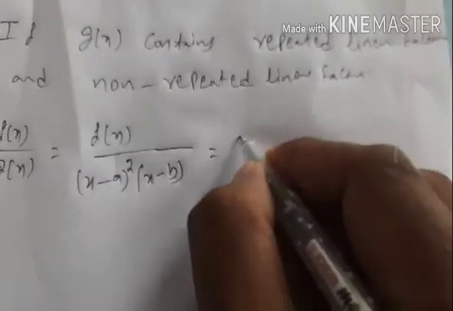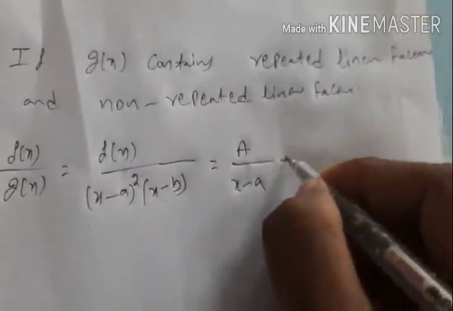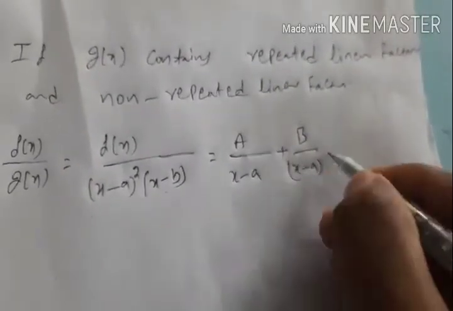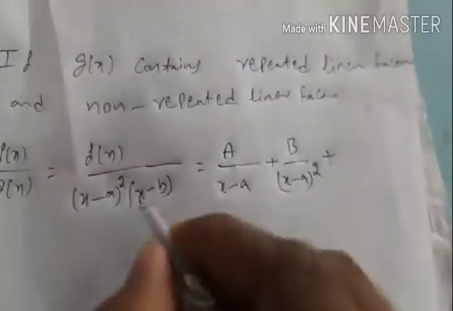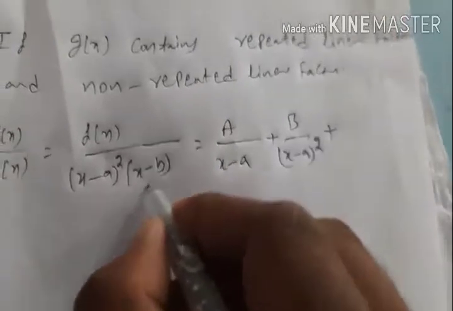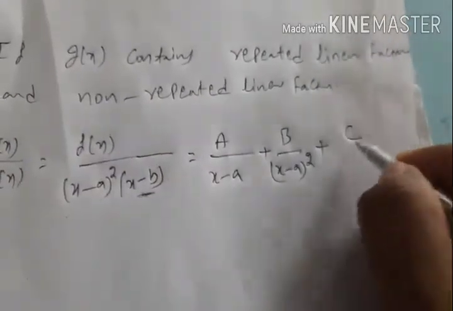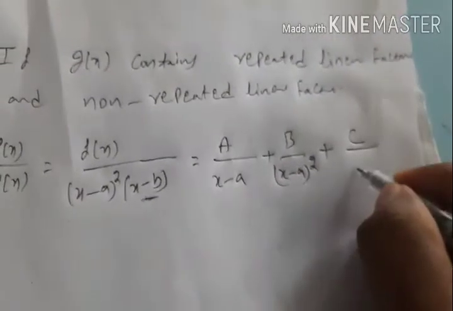Here take some constant a by x minus a and the second one b by x minus a whole square. This is the repeated linear factor, and next the second factor is a non-repeated linear factor. We take another constant c by x minus b.